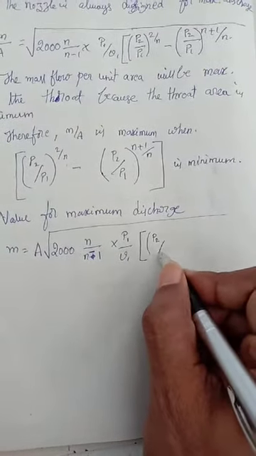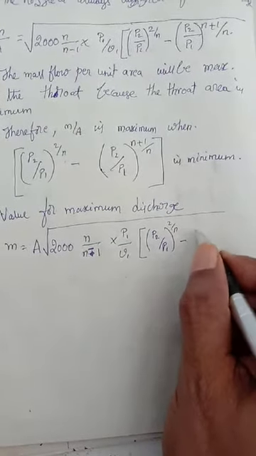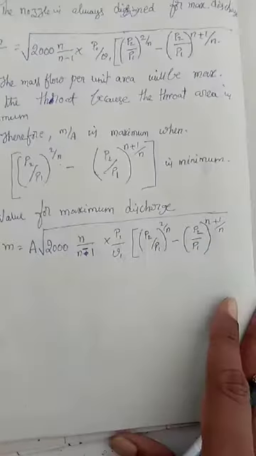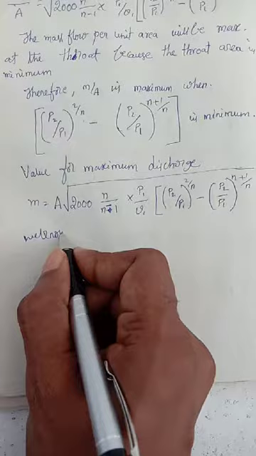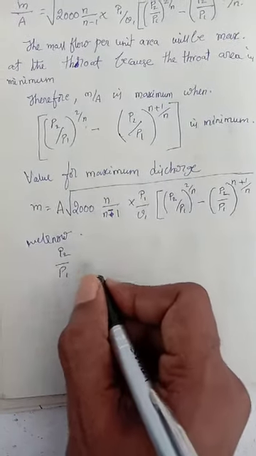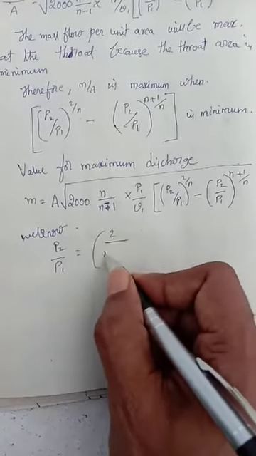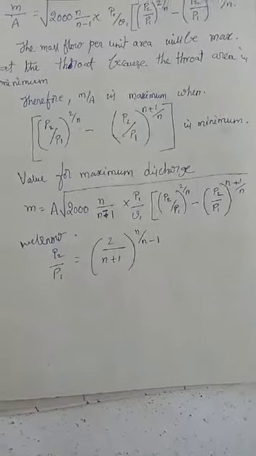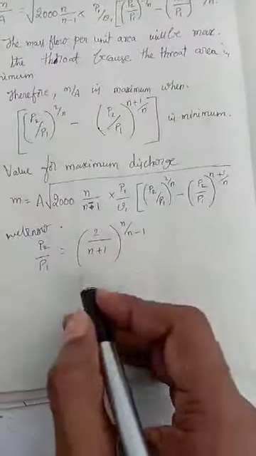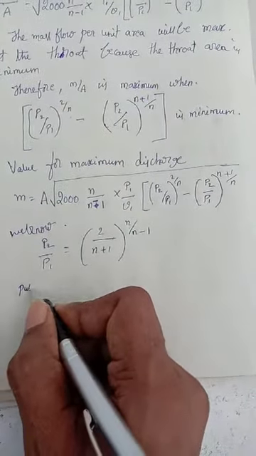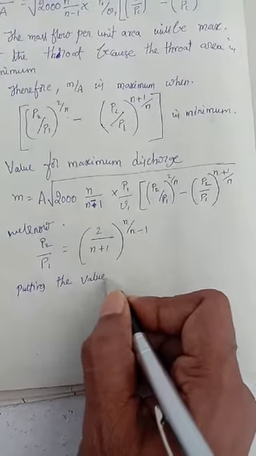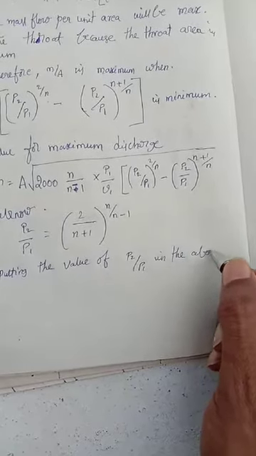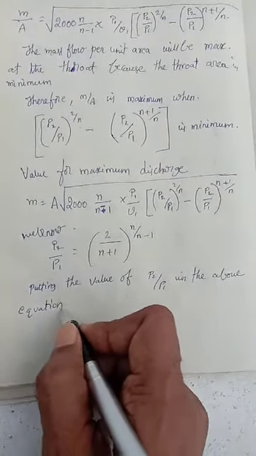Now for the minimum discharge at throat, we know here P2 by P1 is equal to 2 by n plus 1, that whole power n by n minus 1. Okay, now this is the throat equation. Now substitute this here, putting the value of P2 by P1 in the above equation. This is the thermodynamic throat equation.